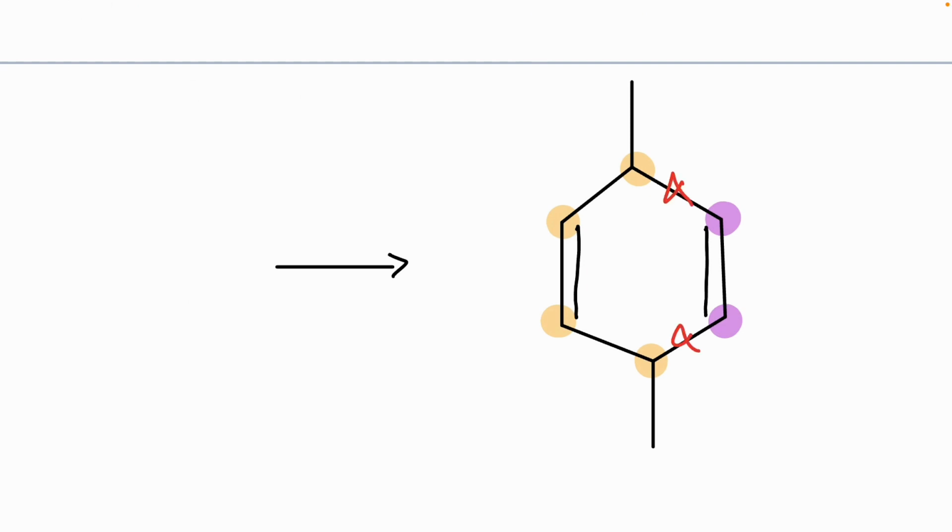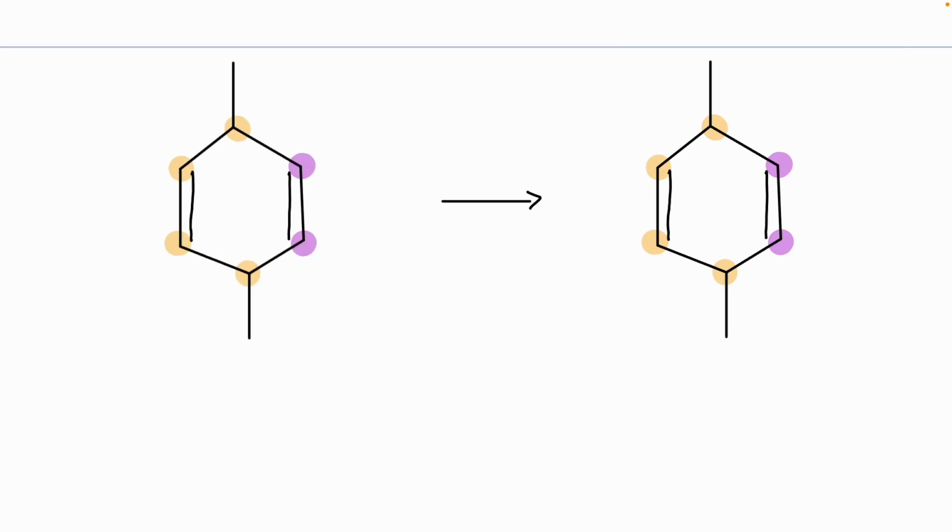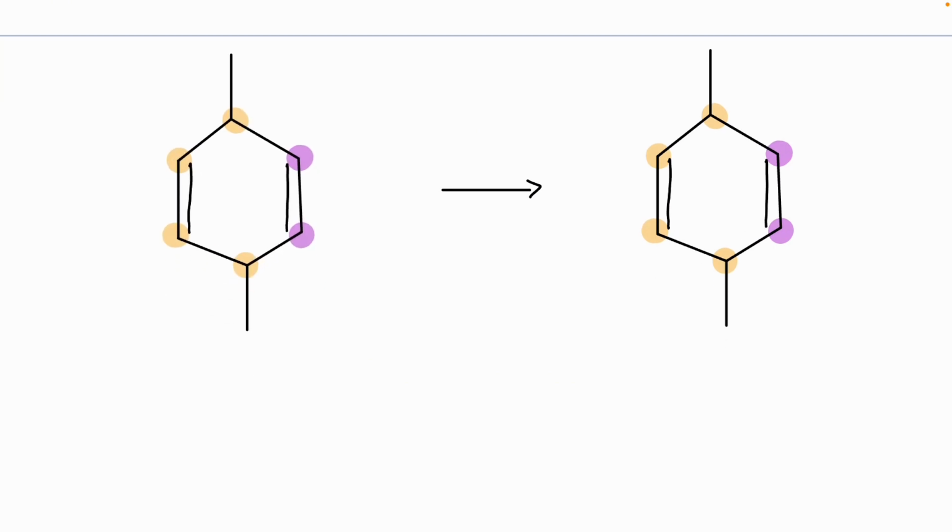That's how this molecule was joined together. If I'm going to go the other way, I need to break those single bonds. Cool. All right, so now I've got my 2 fragments here.